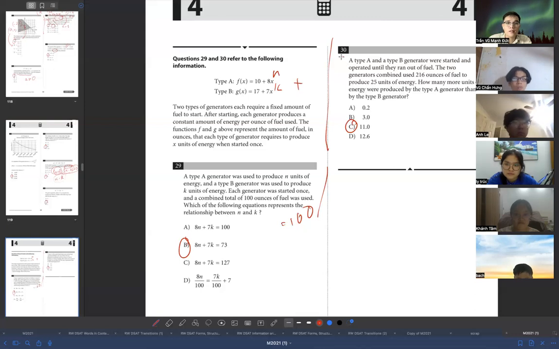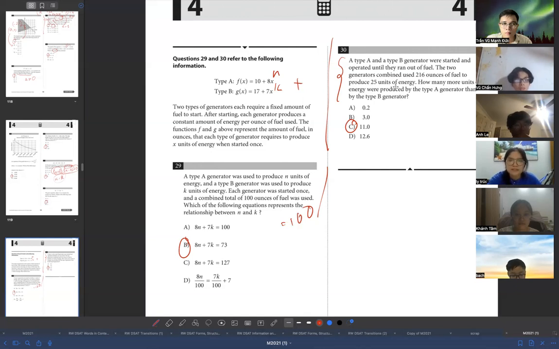So this is a system of equations. Can you explain to me how you do it? The units of energy produced by type A. I also calculate the sum of Fs and Gs, and I also plug N into the Fs and K into the Gs.